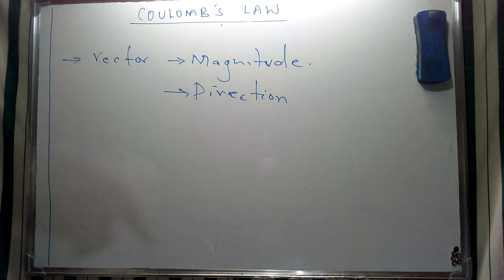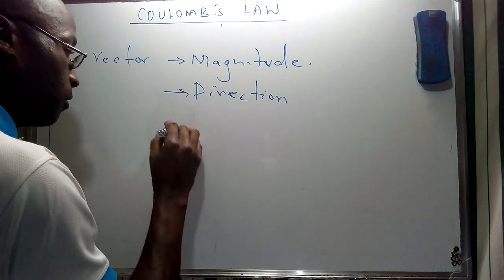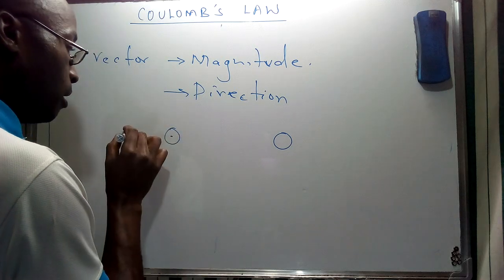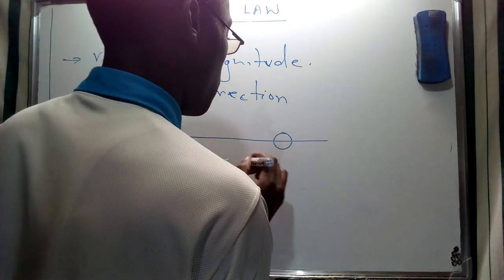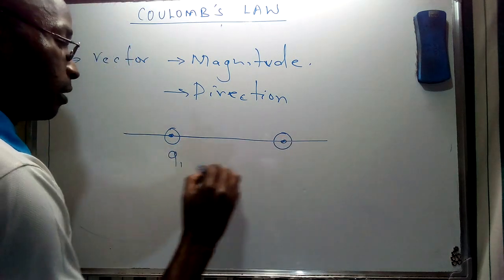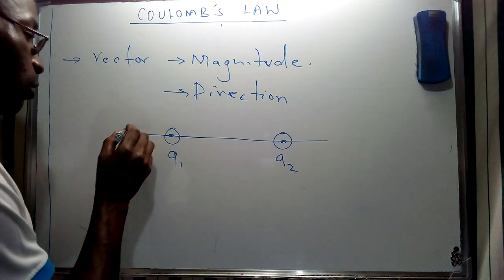And if we consider two charges, Q1 and Q2, let's represent that figuratively using these two particles. We represent this assembly of two charges, Q1 and Q2, and in vector form we said that we use arrows.